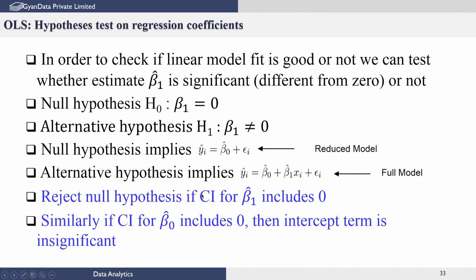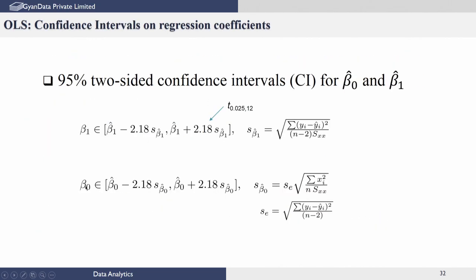We can extend this kind of analysis to test whether beta naught is 0 or not. If the confidence interval for beta naught includes 0, then we will say that the intercept term is insignificant; otherwise we will say the intercept term is significant and should be retained in the model.